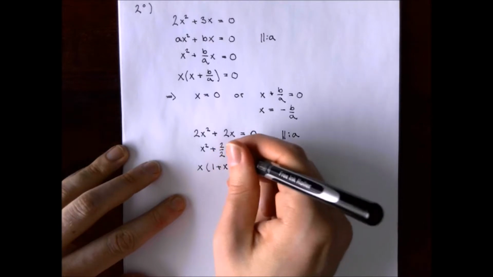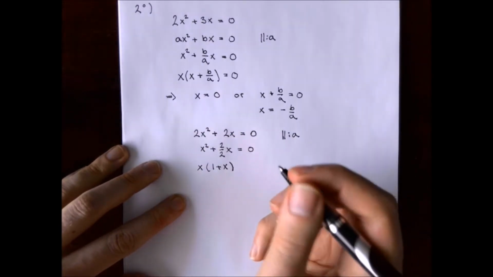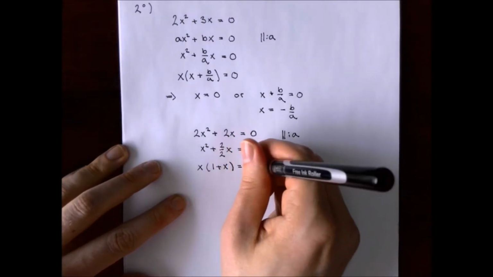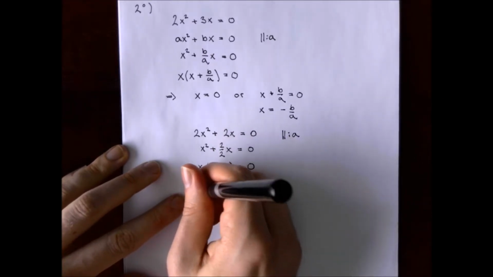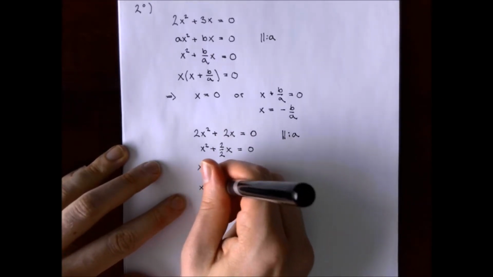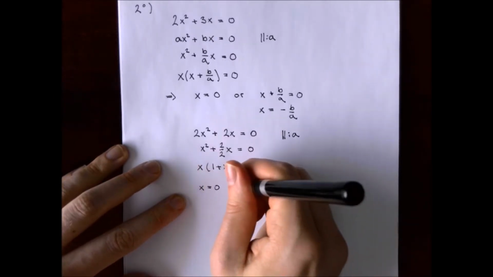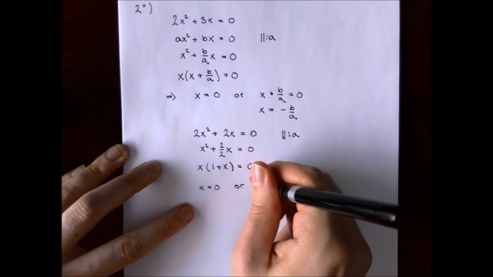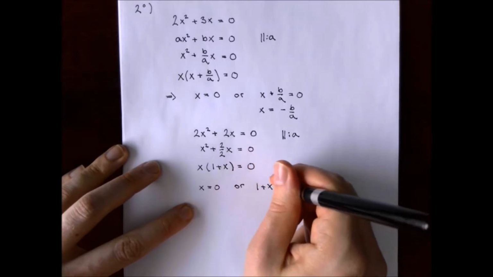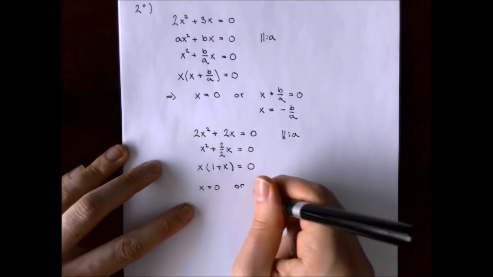So 1 from here and x from here. So now either x is 0 or 1 plus x is 0.